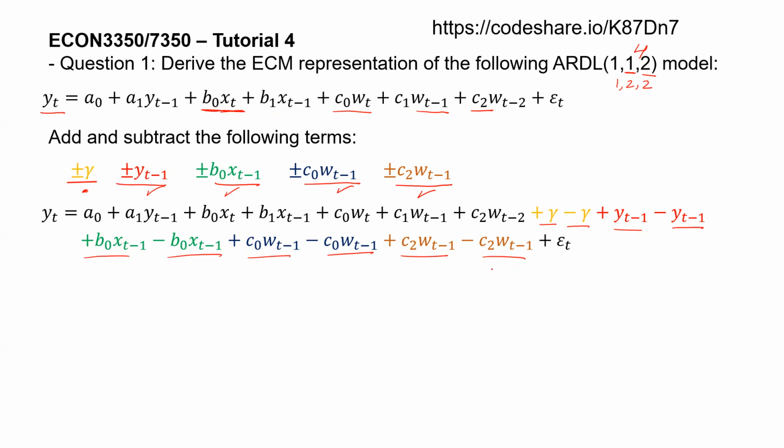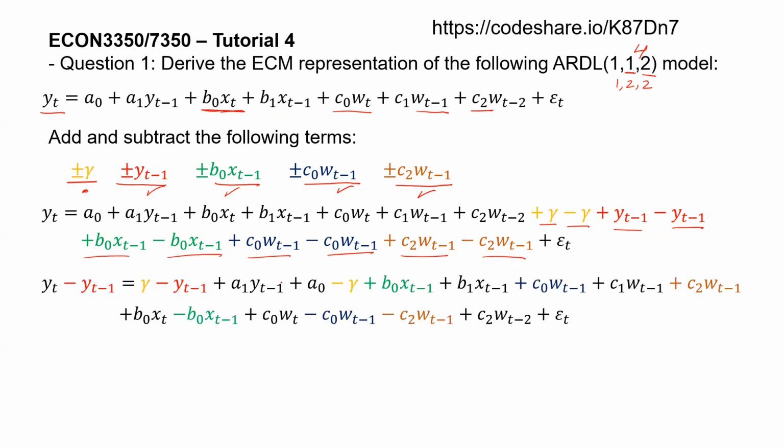Okay, so we are now going to rearrange these terms. The first thing that I do is take this yt-1 positive and send it to the other side of the equation to subtract with yt, because I want to obtain delta yt, right? And that's the way it is calculated.